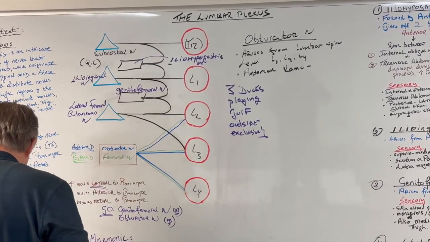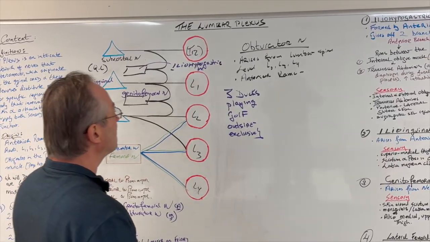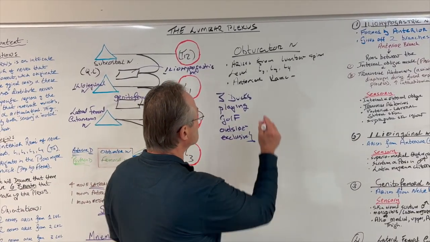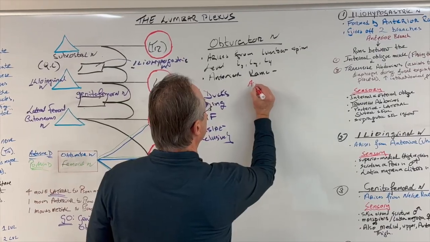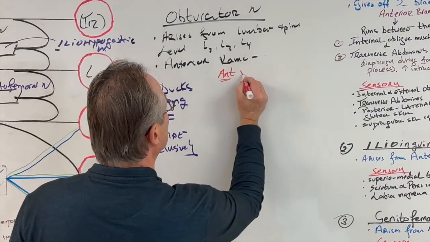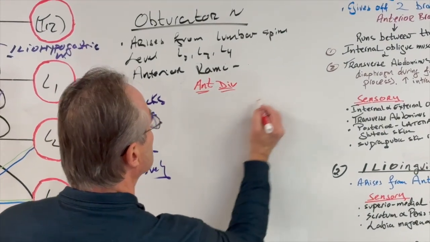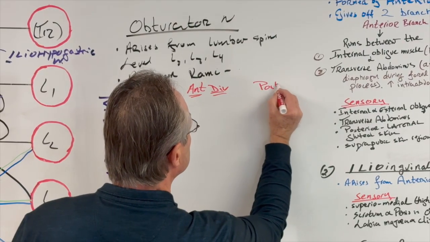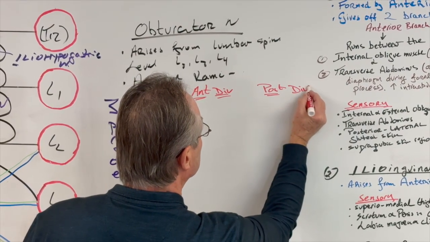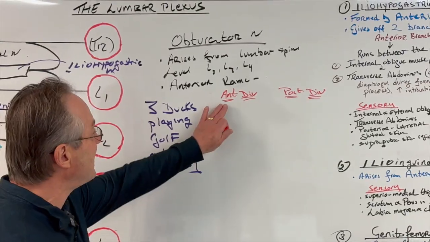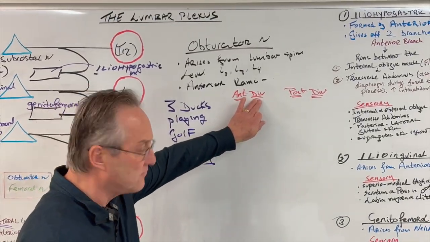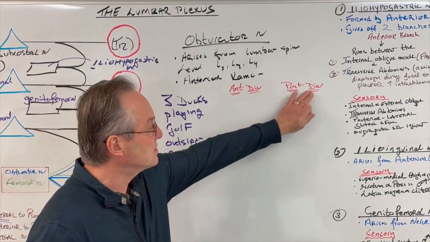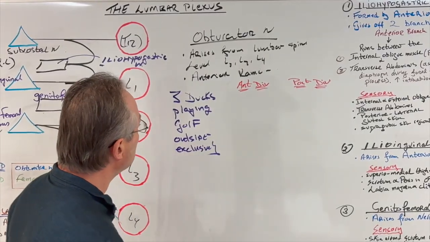Well, what the obturator nerve does, it has an anterior division and a posterior division. Just ANT for anterior, DIV for division, post, and you get the point.